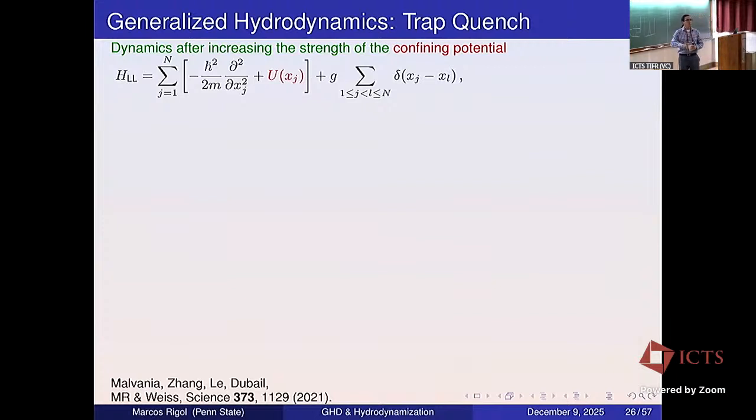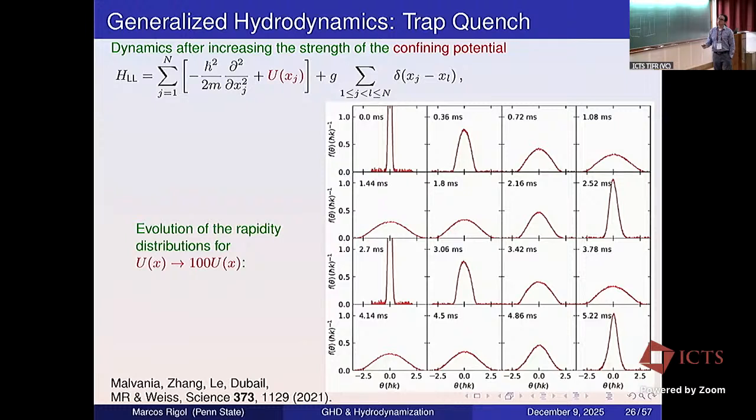For them that just means increasing the power of the lasers that create this trap. So this is now the evolution of this rapidity distribution when they do a 100-fold increase of the confining potential, and you see what happens.